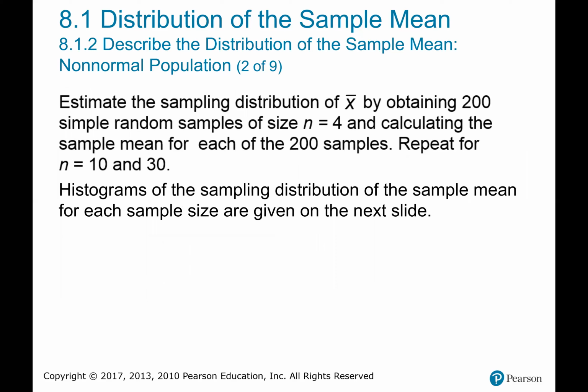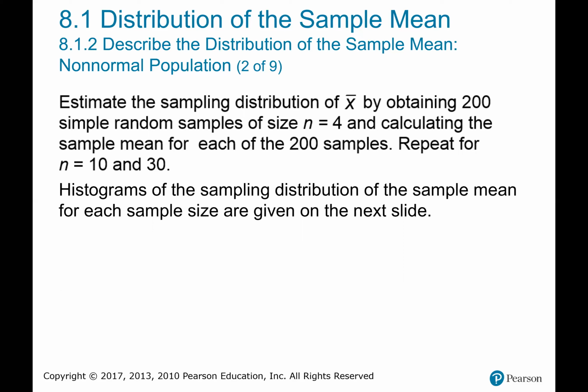Estimate the sampling distribution of X bar by obtaining 200 simple random samples of size n equal to 4. So now they ask me to estimate the sampling distribution of X bar by obtaining 200 simple random samples of size n equal 4, and calculating the sample mean for each of the 200 samples, and repeat this process for n equal 10 and then 30.